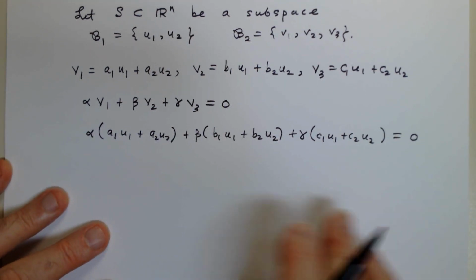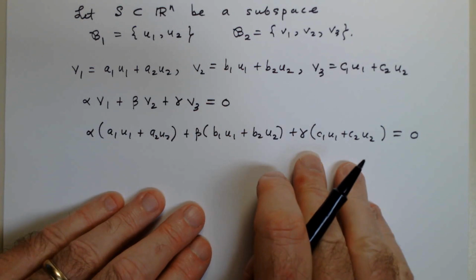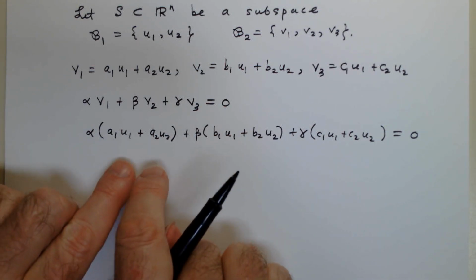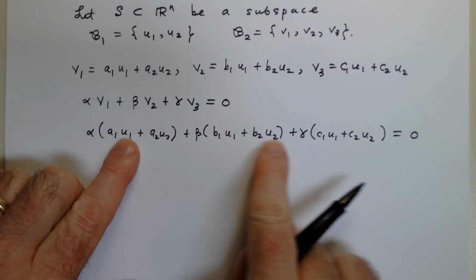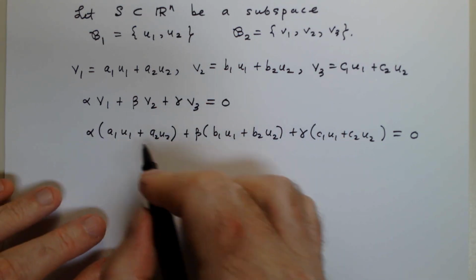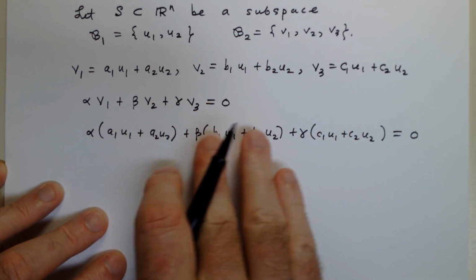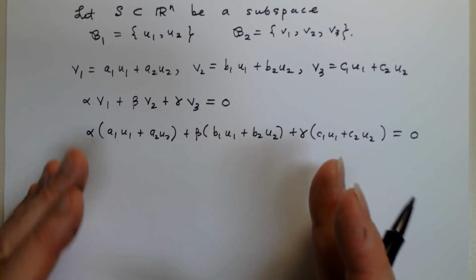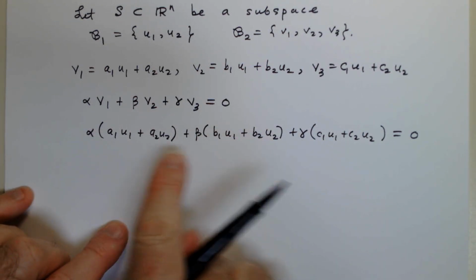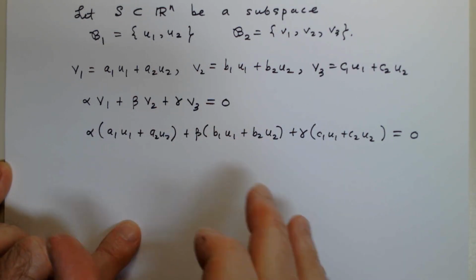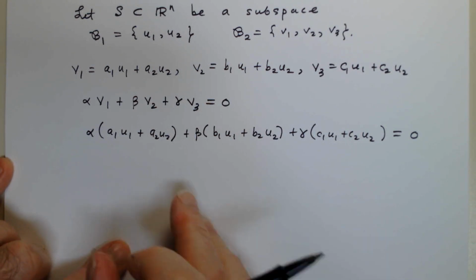Now I realize everything on the left-hand side can be written as a combination of u1 and u2. Those are the only vectors we have left. So I'm going to distribute the alpha, the beta, and the gamma, and I'll collect the u1 terms and the u2 terms, and then factor out the u1 and the u2.